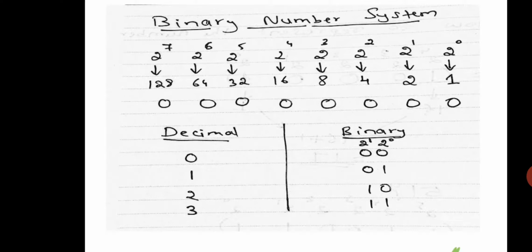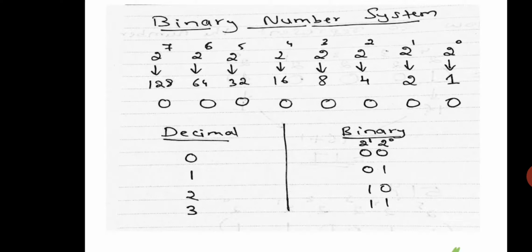So if you want to represent decimal number 2 in binary, you have to put 1 below the 2. And you do not need to write anything below the 2 to the power 0, because you don't need 1, isn't it? You just want to represent number 2. So number 2 can be represented as 1 0.